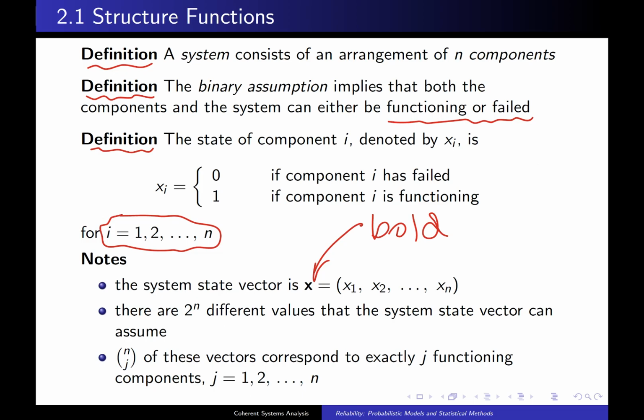Since each one of these values can be either 0 or 1, you simply multiply 2 by itself n times and you get the different possible system state vectors. Finally, using combinations, n choose j of those 2 to the n different system state vectors correspond to exactly j functioning components for j equals 1 through n.